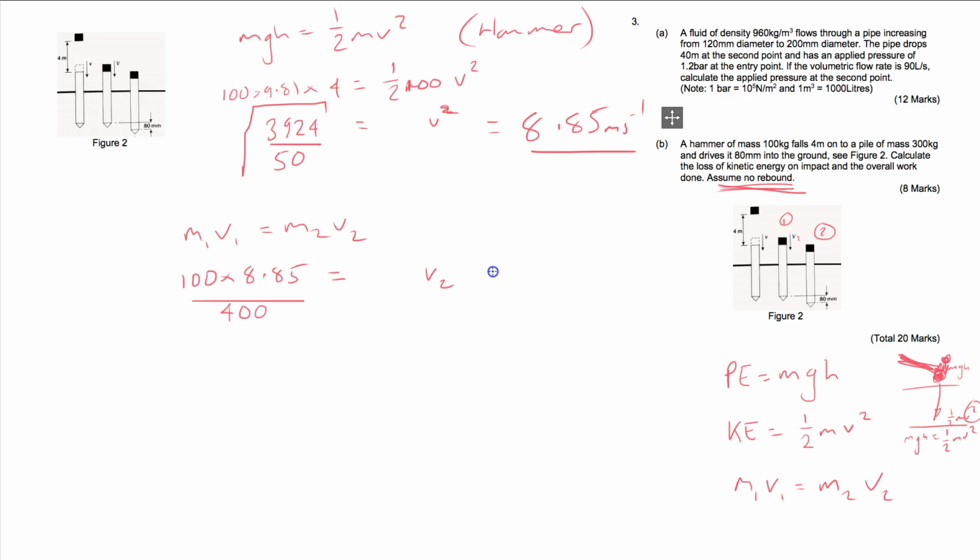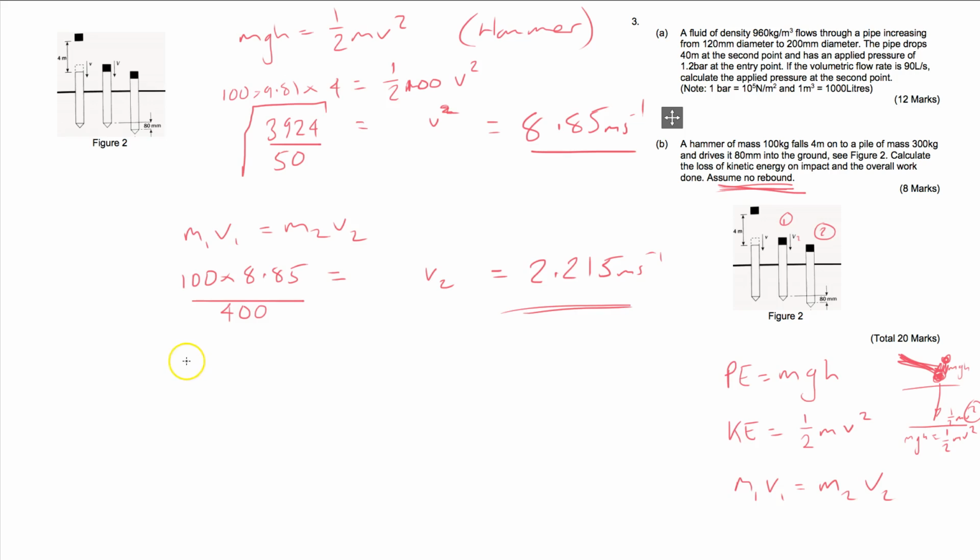And we find that the velocity is 2.214 meters per second. So now then, if we have the velocity before and the velocity afterwards, we should be able to calculate the kinetic energy loss. So let's do that now.